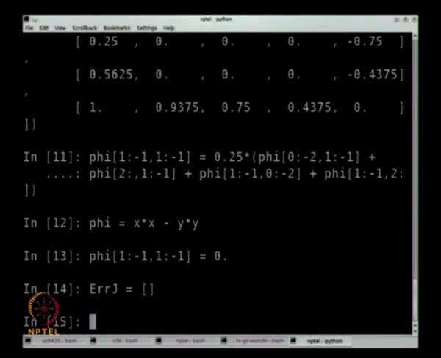How many iterations shall I do? 10 iterations, 50 iterations? Or let us do 100 iterations, for i in range 100, okay. I hope I have got everything right.